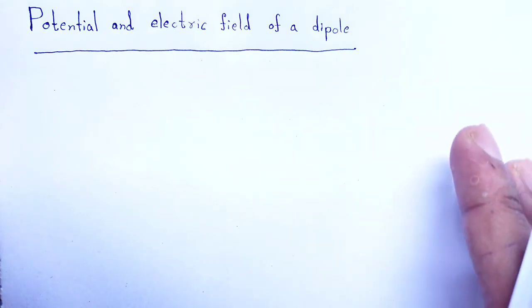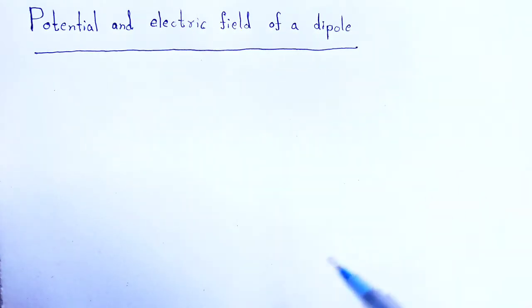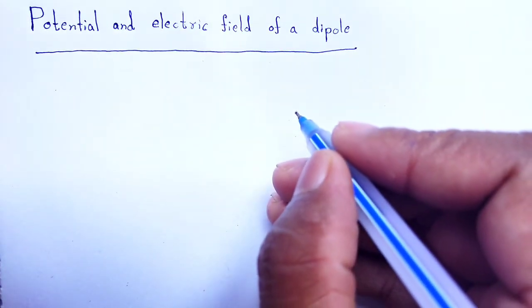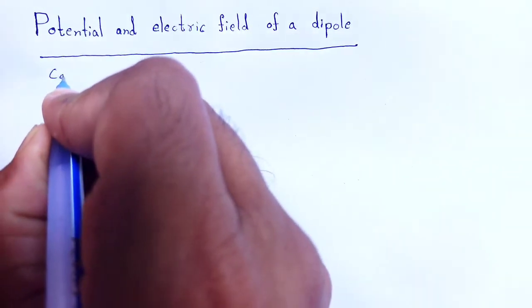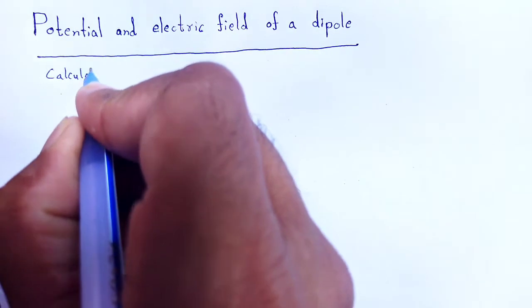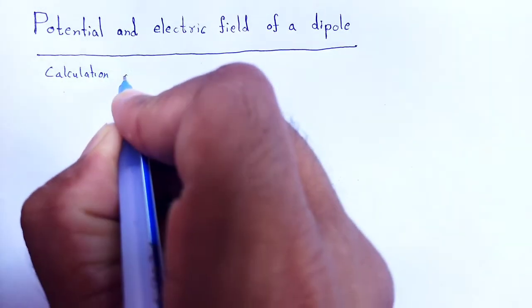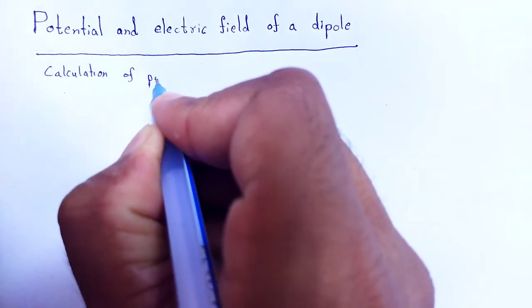So, consider an electric dipole. First, that is calculation of potential.